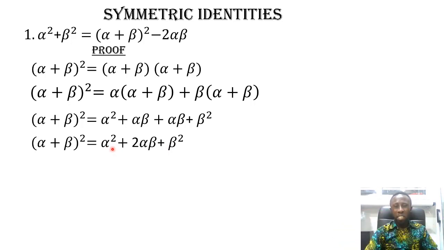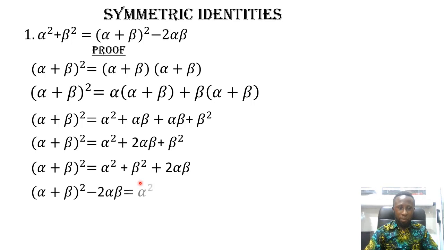Now you want to get alpha square plus beta square. That's the main thing. So we have alpha square plus beta square plus 2 alpha beta. Therefore we will subtract this from both sides, we move it across the equal sign.